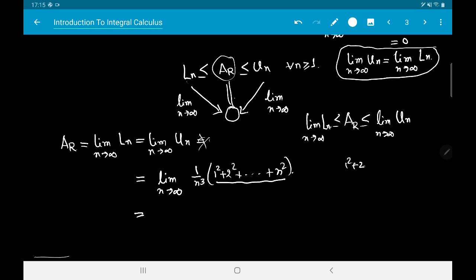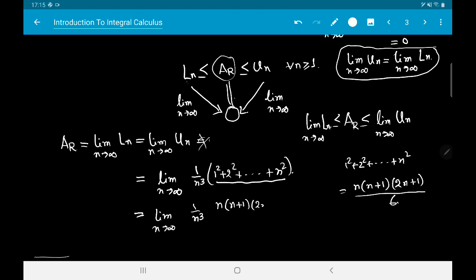So 1 square plus 2 square plus up to n square is given by n times n plus 1 times 2n plus 1 divided by 6. So this is the limit as n tending to infinity of 1 by n cubed times n times n plus 1 times 2n plus 1 divided by 6.